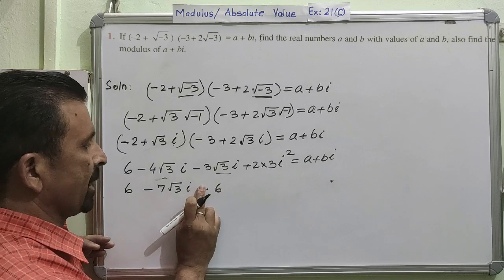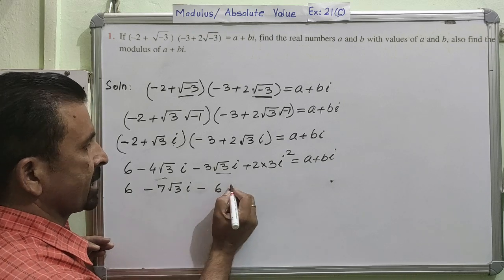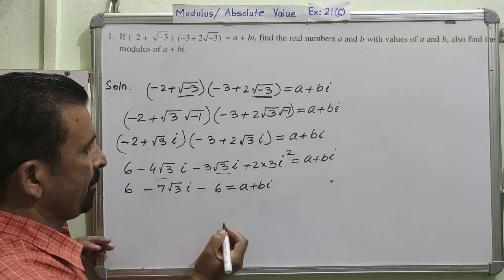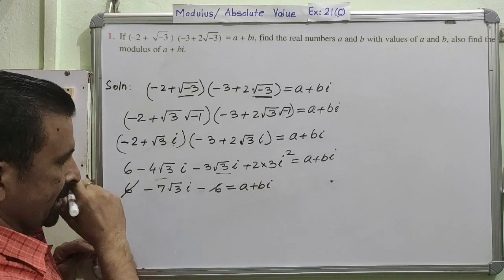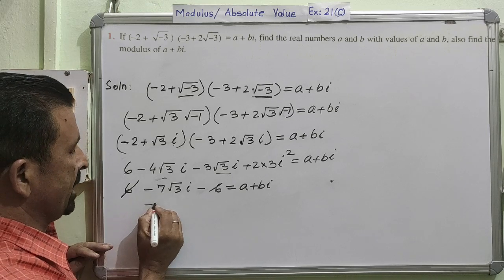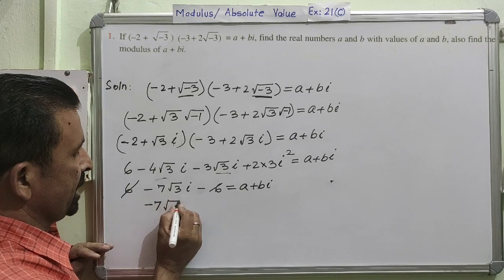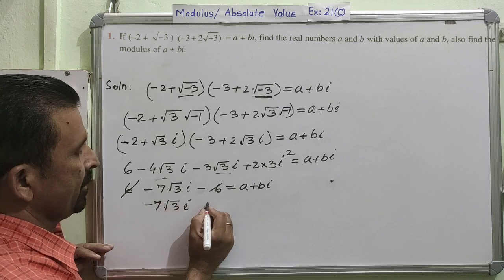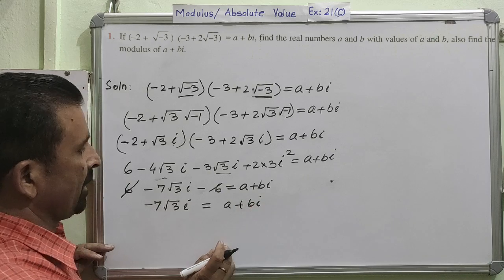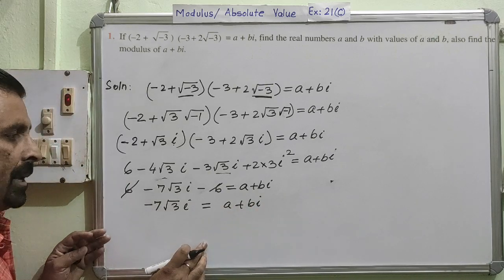Minus 1 into 6 will become minus 6. This is equal to a plus bi. Now this minus 6 and this plus 6 cancel. Finally we got the value as minus 7 root 3 i, which is equal to a plus bi. So this is the final value that we have calculated for a plus bi.